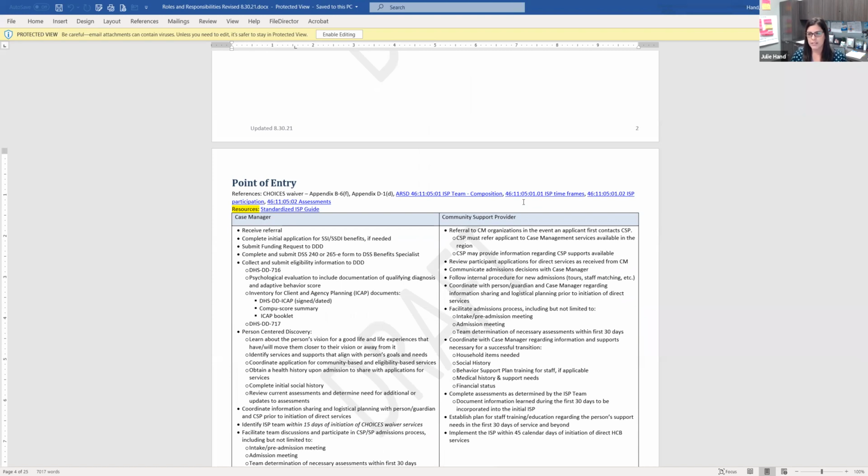I wanted your feedback: is it helpful to have it with each section so you have the resources right there? Should we have one appendix or resources section at the end, or is it helpful to have it in both places? I wasn't sure what would be most useful.